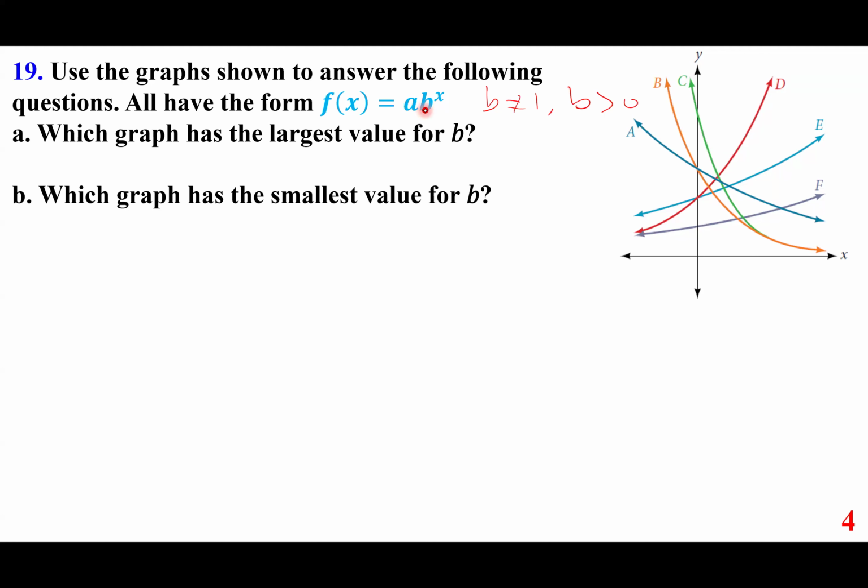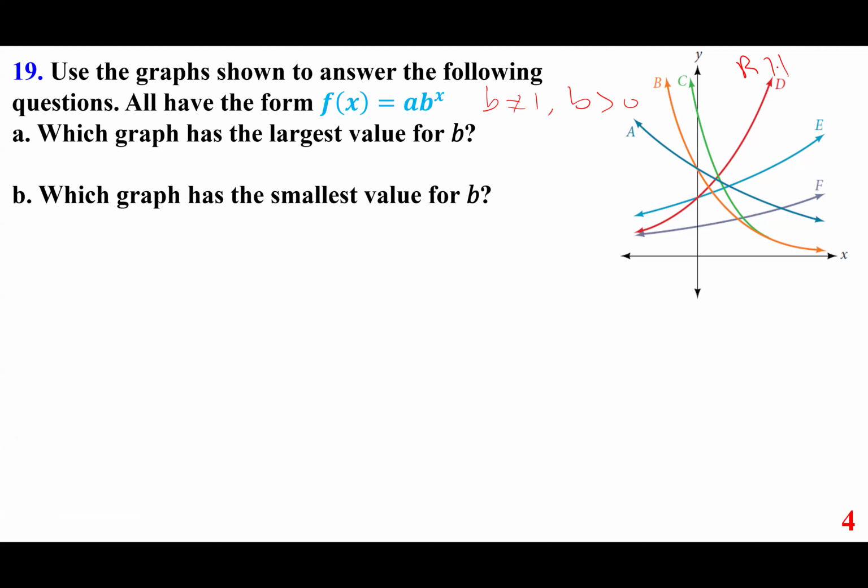B is the base. The larger the base, the faster the function grows. The larger the base, the faster the graph grows. And to have the largest, on the right side, the numbers are larger than 1.